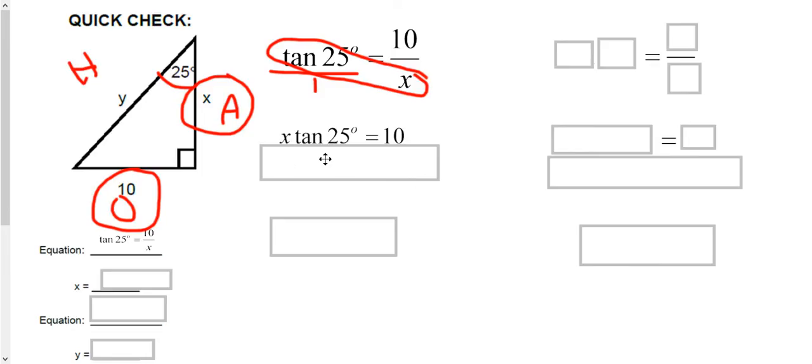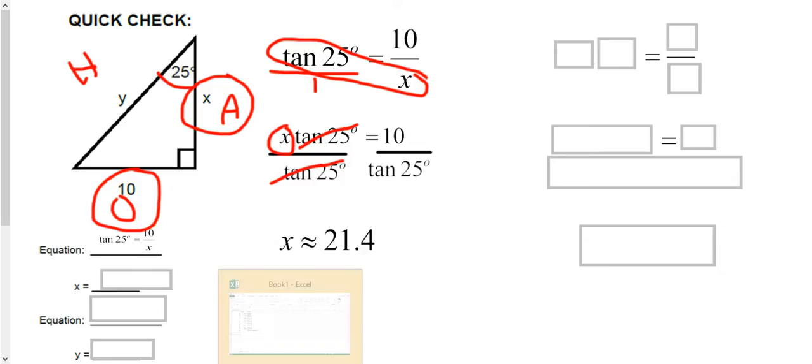Since it's a multiplication, we divide by the tangent of 25 degrees. That cancels out this part of the multiplication. So now we have x by itself. We canceled out the tangent, and we're ready to put this into the calculator. Remember, this is 10 divided by the tangent of 25 degrees, which should round to 21.4.